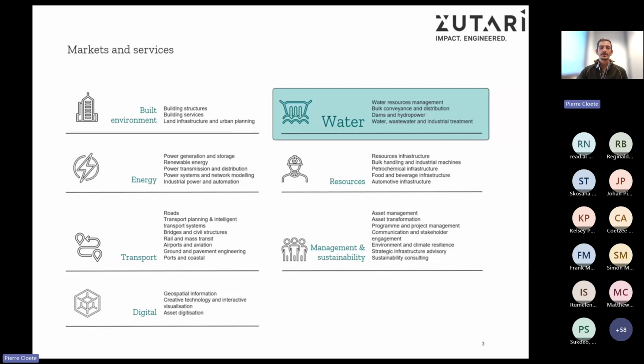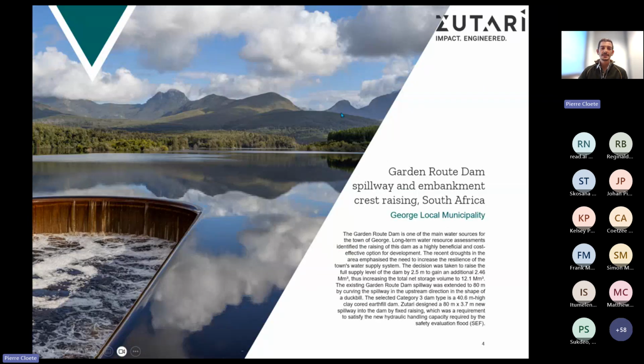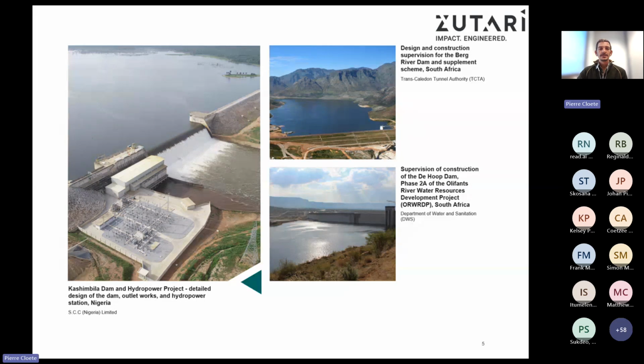So also to quickly illustrate the interesting stuff that we get exposed to in the water market for Zutari: very unique situations which are maybe not that standard catalog type of designs. So having CFD capabilities available to undertake studies for all these interesting projects is obviously a key thing for us.